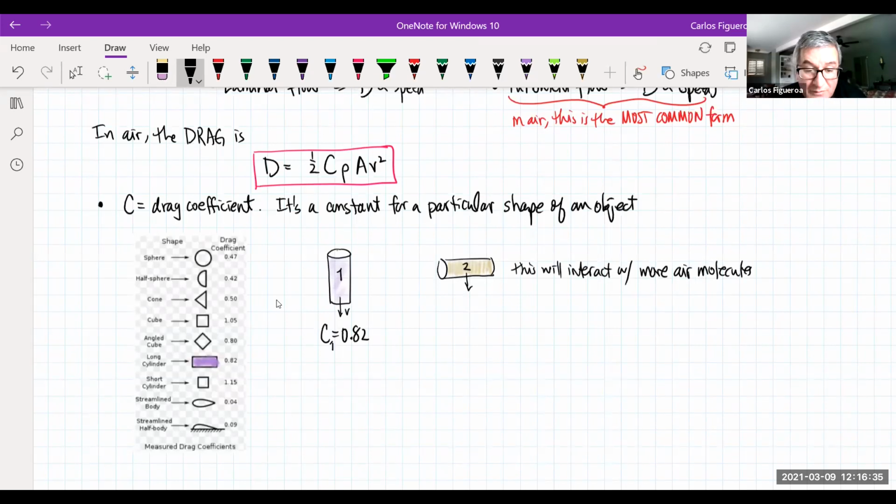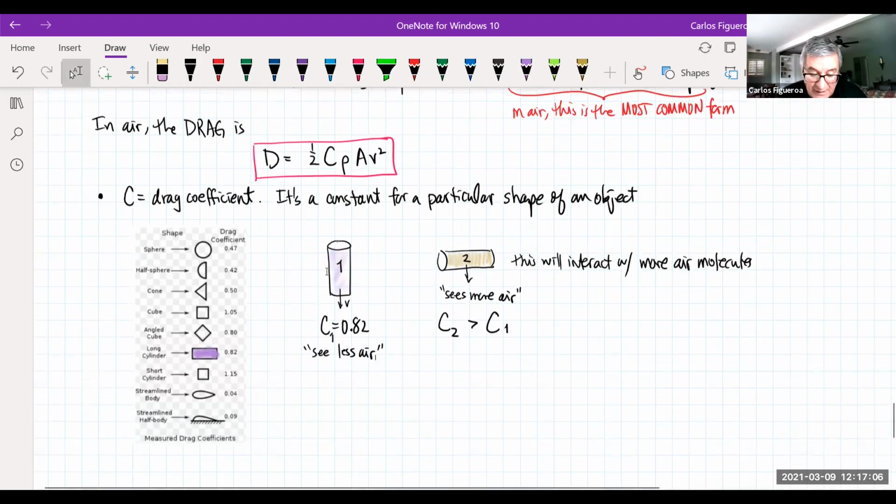If it interacts with more air molecules, it sees more air, so I would expect that C2 should be greater than C1, because it's the area that tells us how much. And this one should see less air. So the shape tells us about that.